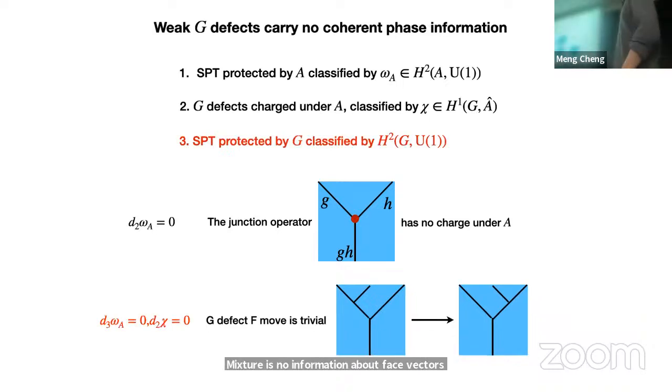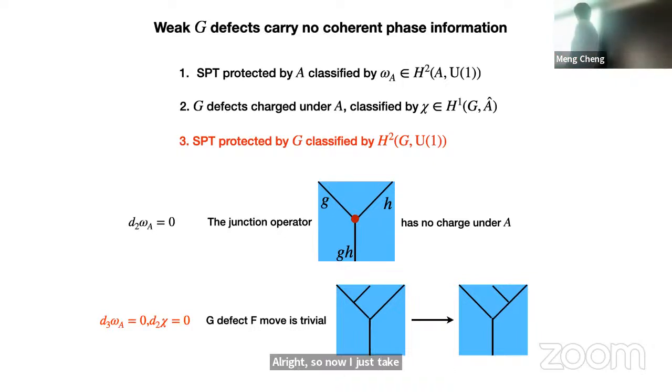All right. So now I just take the same slide and change some of them to red to indicate that these things are no longer relevant for mixed states. So I've already discussed that a weak symmetry alone SPT is trivial for mixed states. And this condition that demands the junction having no charge under A, this is about the charge of a strong symmetry.